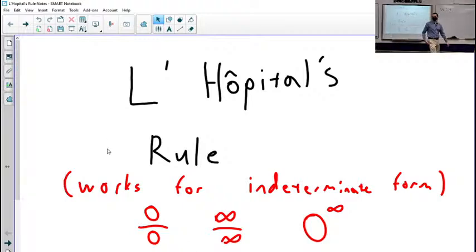This is called L'Hôpital's rule. Most places you'll see it spelled this way. Sometimes you'll see it spelled like the word hospital. It just depends on where you're looking. But I believe the proper spelling is supposed to be this. But some places will spell it differently.